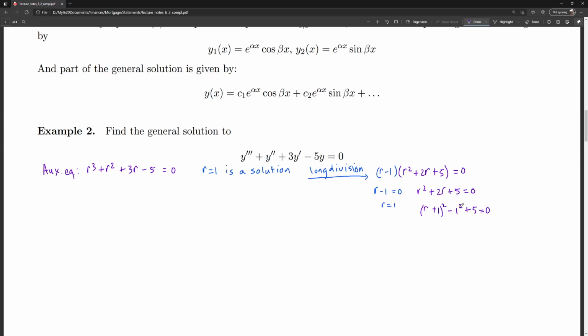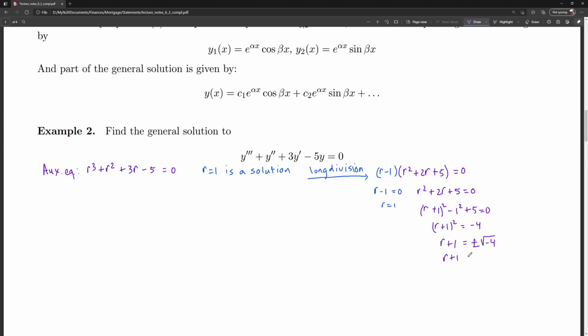And then we bring the constant to the other side, so we have r plus 1 squared equals negative 4. And then to solve for r plus 1, we're going to take the square root on both sides, and we get r plus 1 equals plus or minus the square root of negative 4. So when we have a negative number, that turns into the imaginary number.